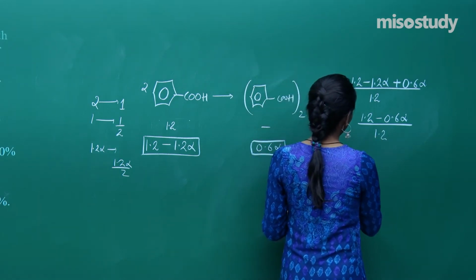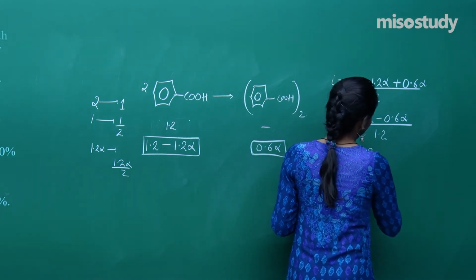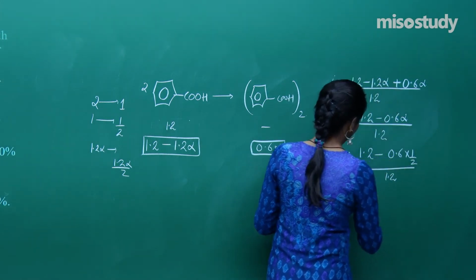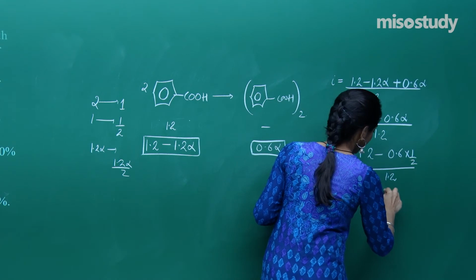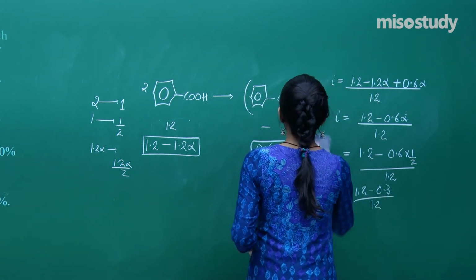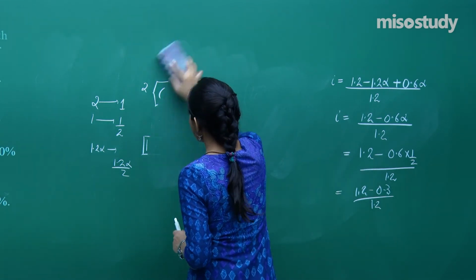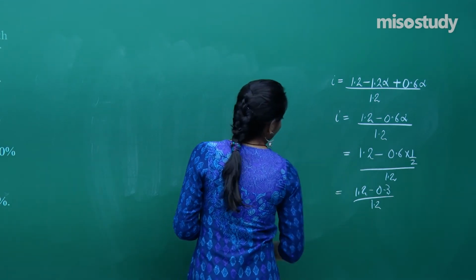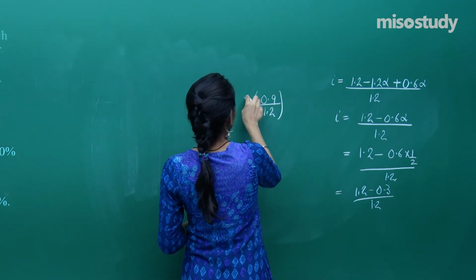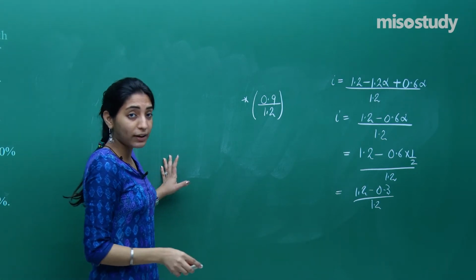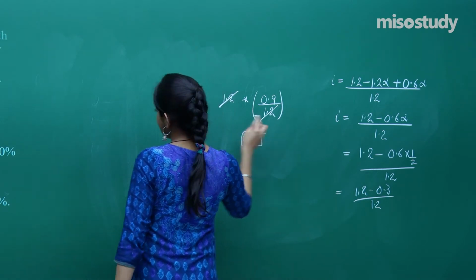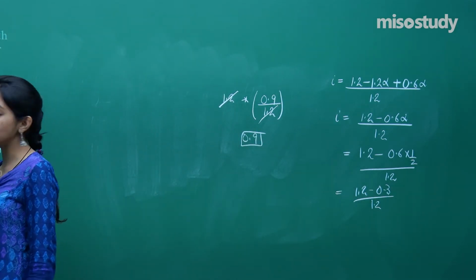So alpha is 1 by 2: 1.2 minus 0.6 into 1 by 2, divided by 1.2. This comes out to be 1.2 minus 0.3, divided by 1.2. If I further solve it, I will get 0.9 divided by 1.2. This is the value of i. And if I multiply it with C, which is 1.2, again the value of iC comes out to be 0.9. So even this is isotonic.